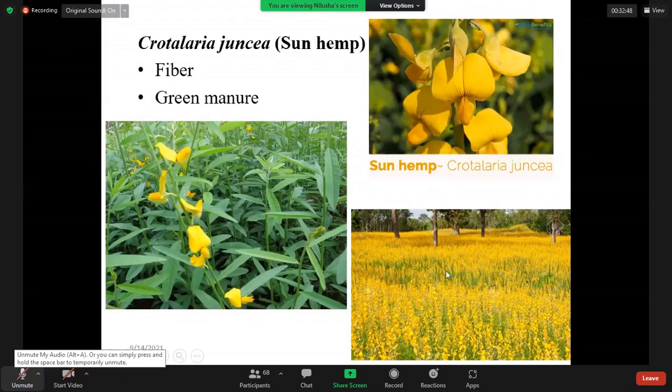After that we cultivate another crop, so that crop's nutrient requirement will reduce because of the presence of this crop cultivated in the earlier season. This is the flower of the sunhemp, and this one is the plant. It is more important because we use it as a green manure crop.